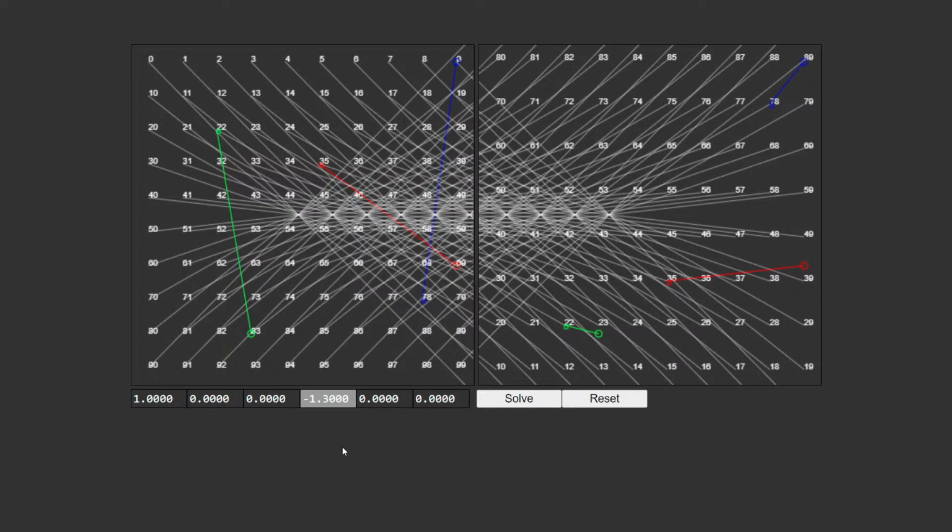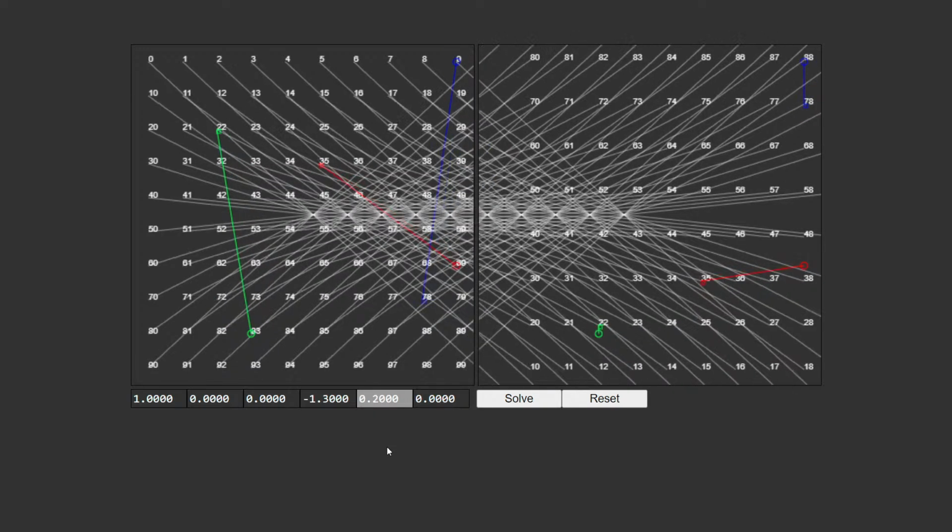Okay, then we want to move the red guy over, but it has to move more than the other guys, so I don't know how to do that.